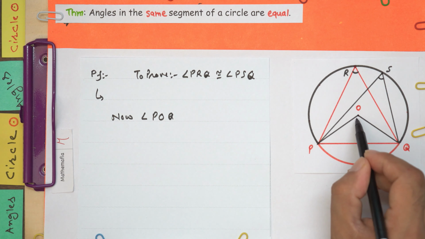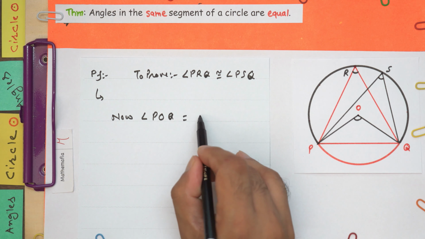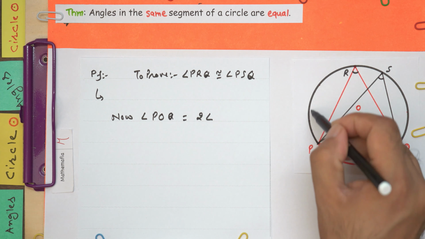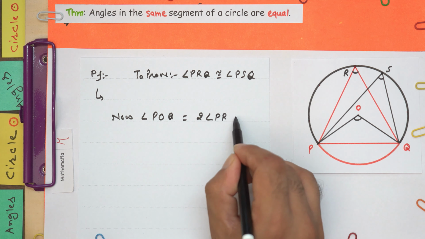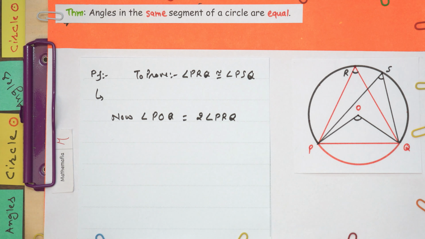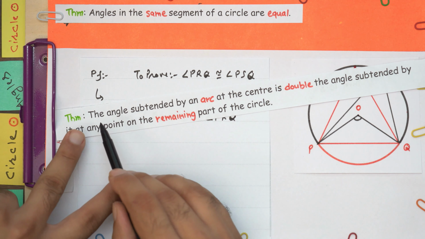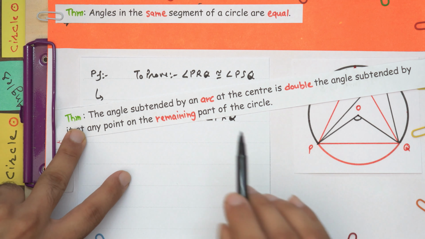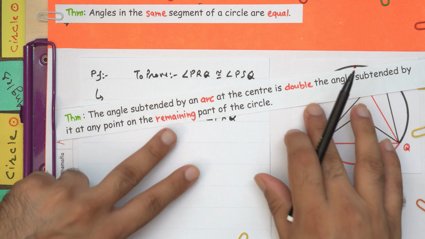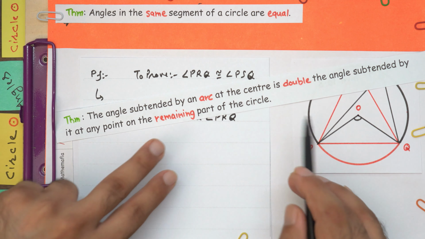Now angle POQ, this angle at the center, is equal to 2 times the angle made on the circle, meaning 2 times the angle PRQ. Now you may be asking how this happened. To answer that question, we proved a theorem in the last tutorial which stated the angle subtended by an arc, like arc PQ, at the center is double the angle subtended by it at any point on the remaining part of the circle.